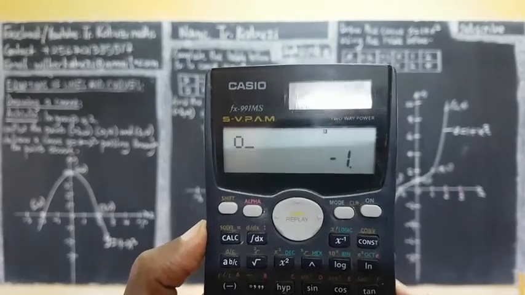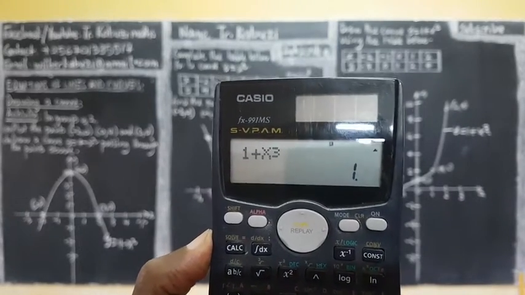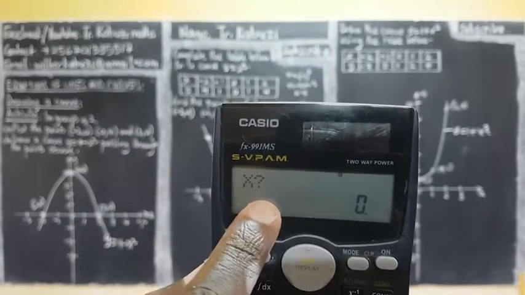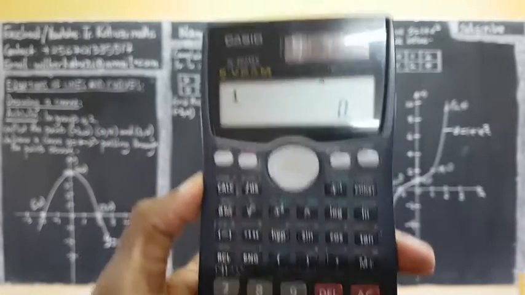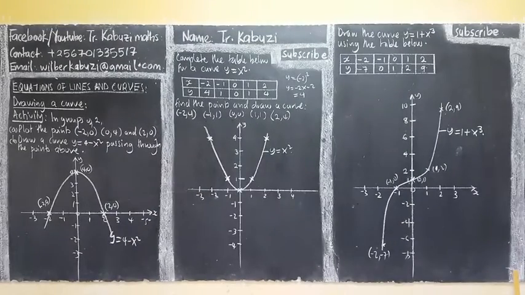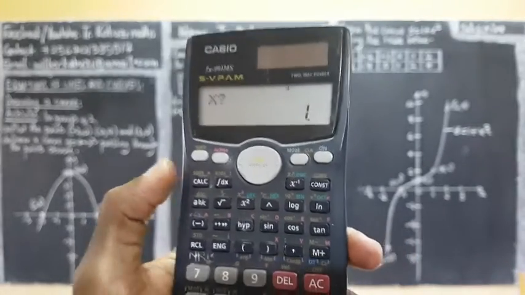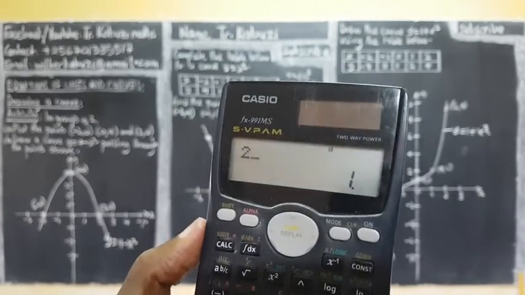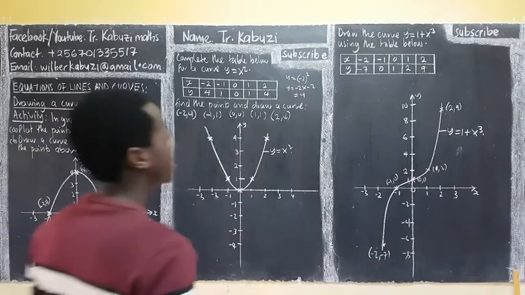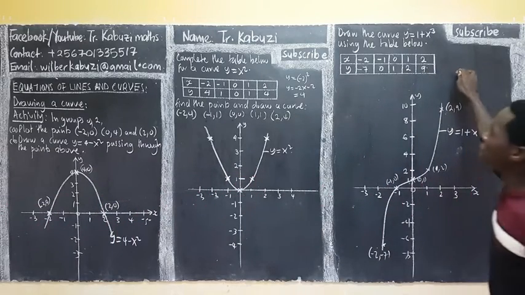So you press 0, then press equals. Then they ask which value, you put in 1, then press equals. You see? 2. Then they're asking which other value, then you put in the 2. I think you see we get a 9.